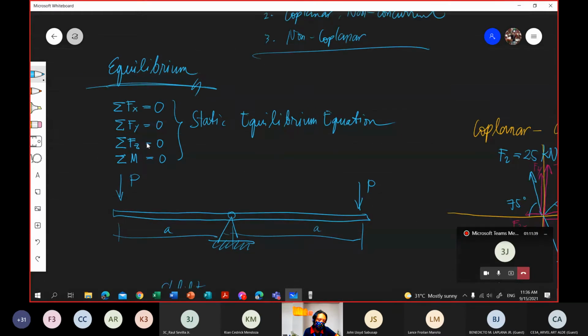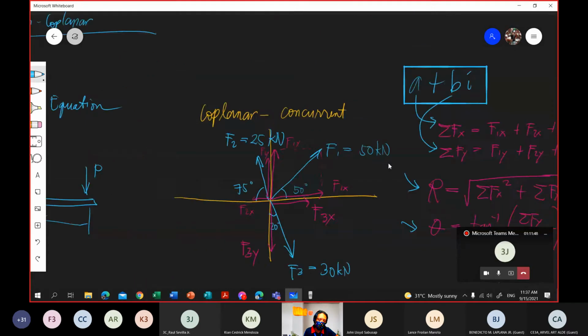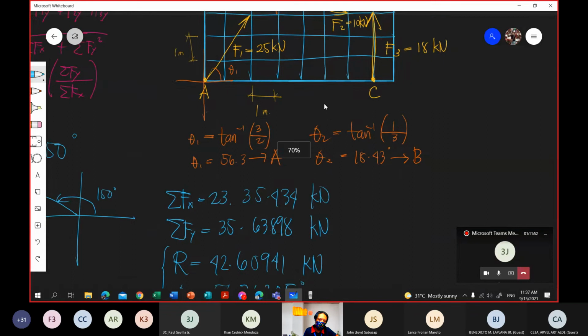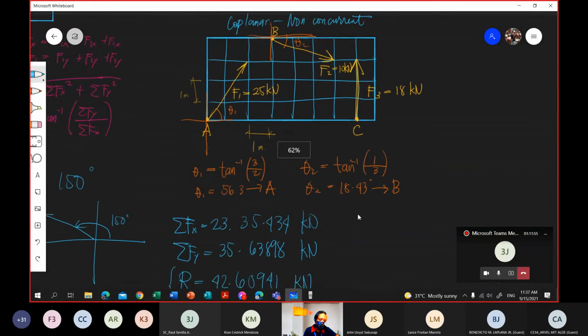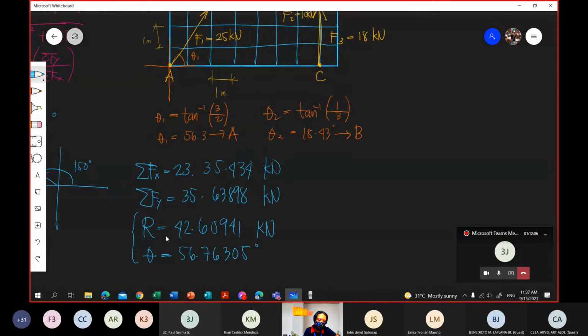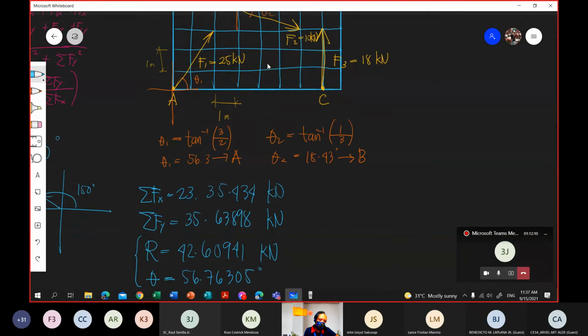We do not use the summation of Fz because that is for 3D. Here, F1, F2, and F3 are not in a state of equilibrium. But if you include the resultant and reverse it, it becomes zero, a state of equilibrium.